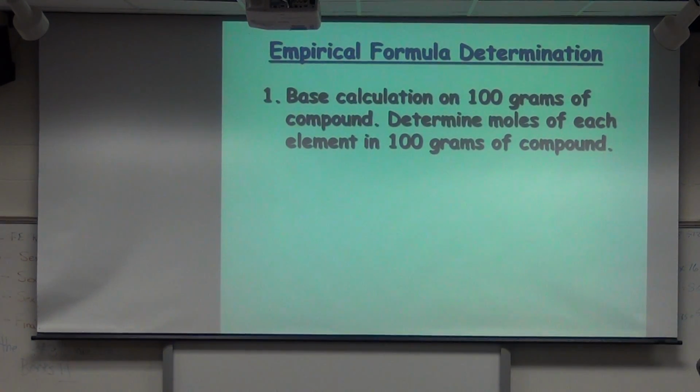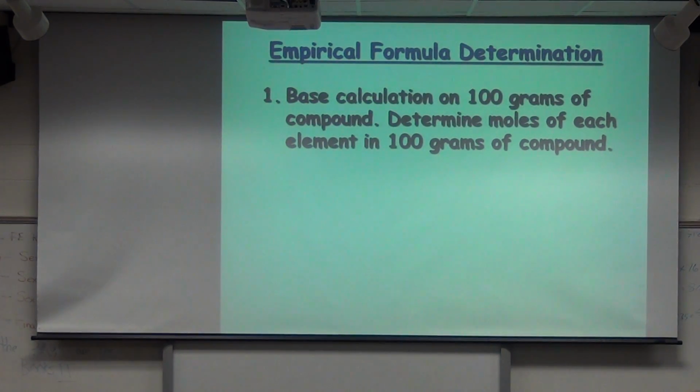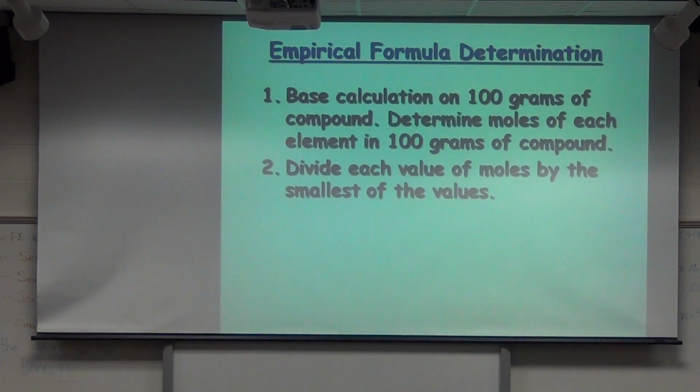So if something is 60% carbon and 40% oxygen, those percentages add up to 100. So if you assume you're going to start with 100 grams, you would just start with 60 grams of carbon and 40 grams of oxygen. And we'll go through that example as soon as we talk you through these three steps.